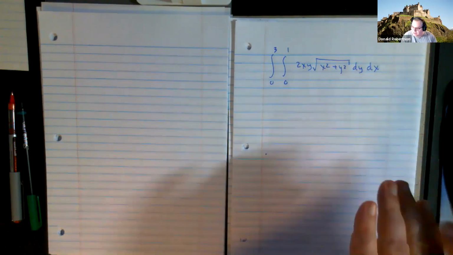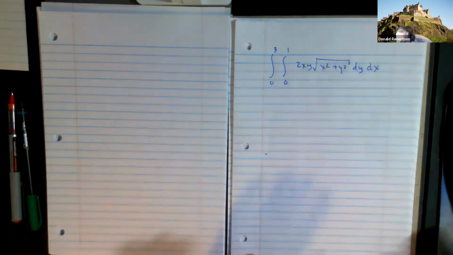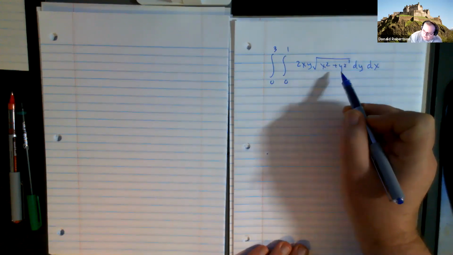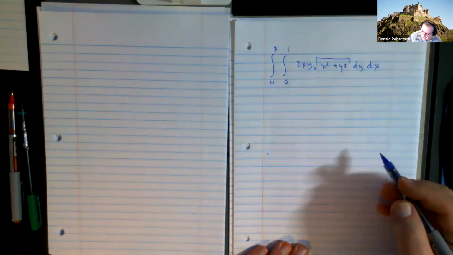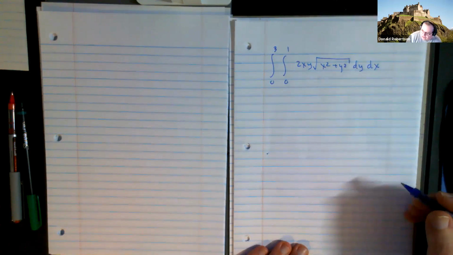You can't separate them into 2 separate integrals, right? So we're going to have to keep it as is. I'm going to integrate this. And you were saying integration by parts, right? That's what I heard. It's not integration by parts, it's a u sub.